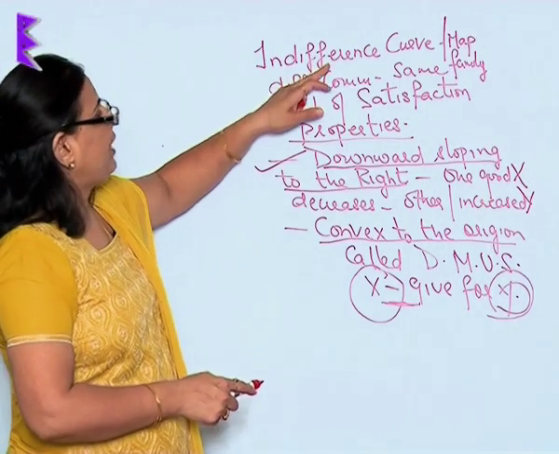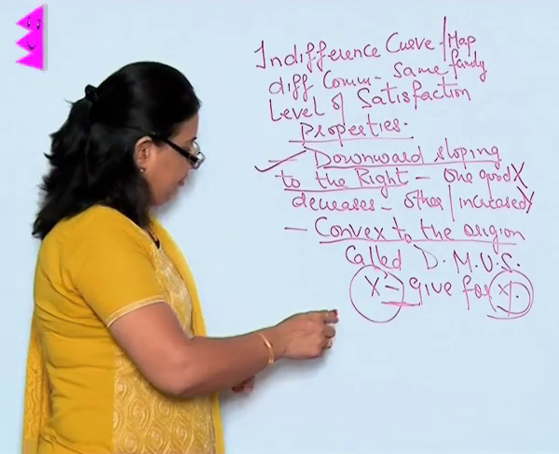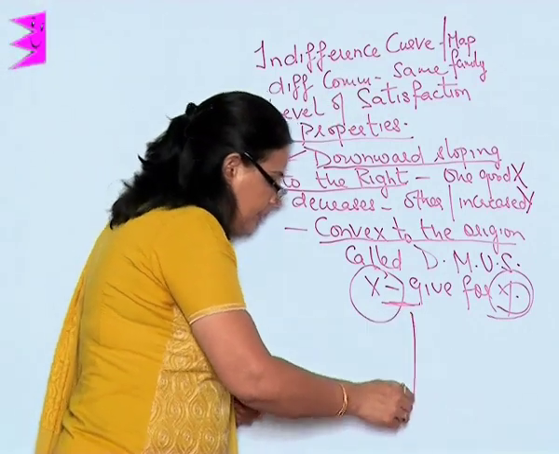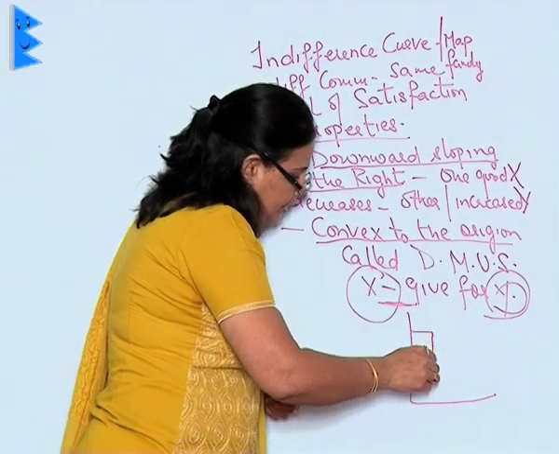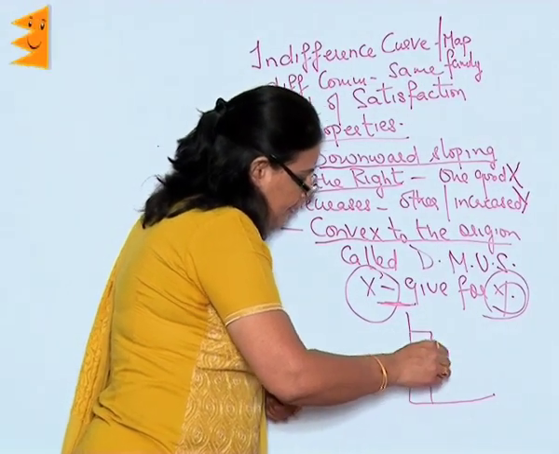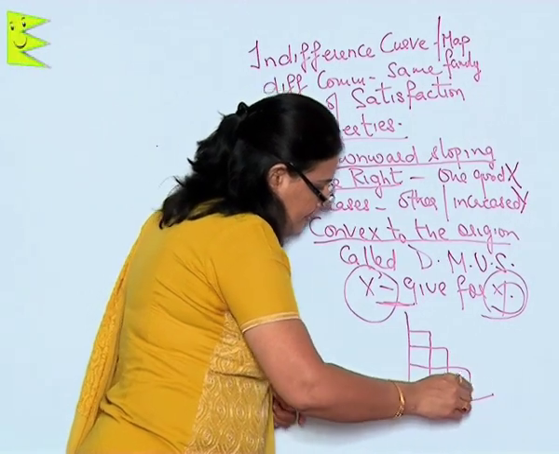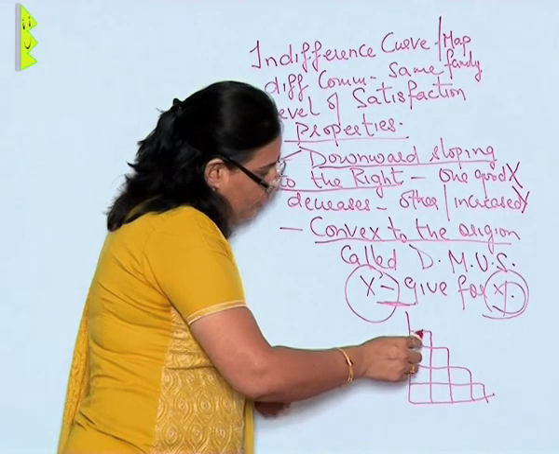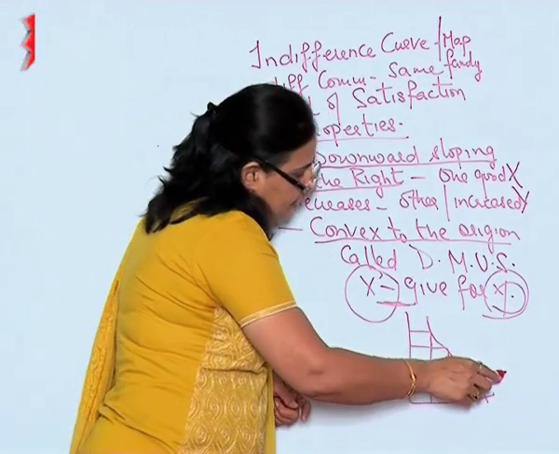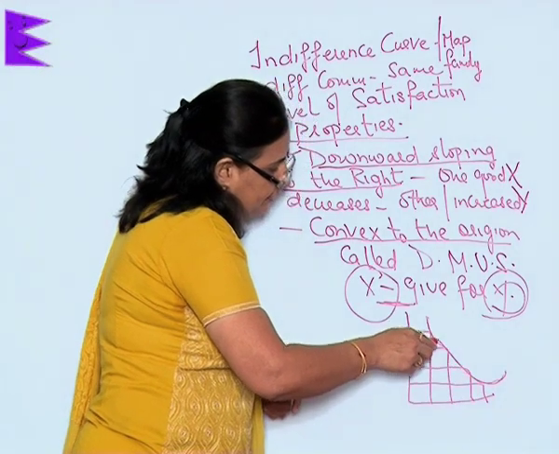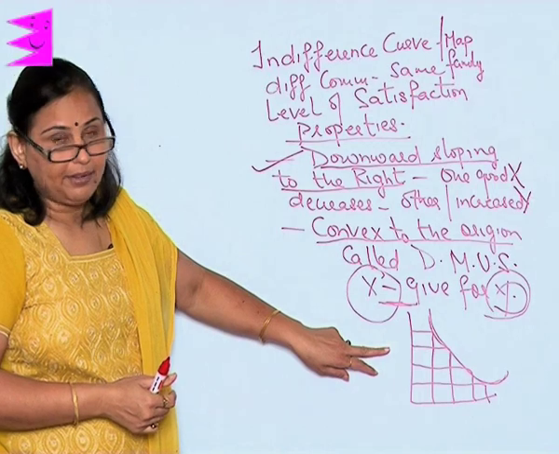So this is about the indifference curve that we have. For example, if you remember, supposing here I was getting this satisfaction, then this, and then this. If I draw this, then it is convex. So it always remains in this manner.